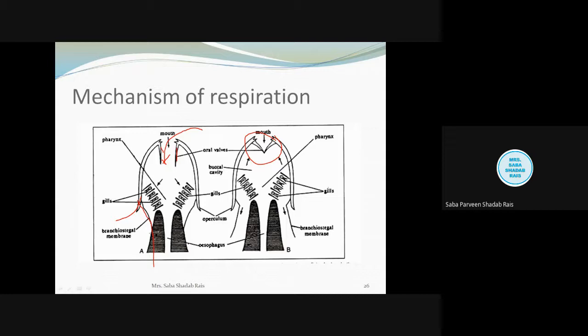Now this will also increase the area in the pharynx. Now all this will give pressure to the oral valve.